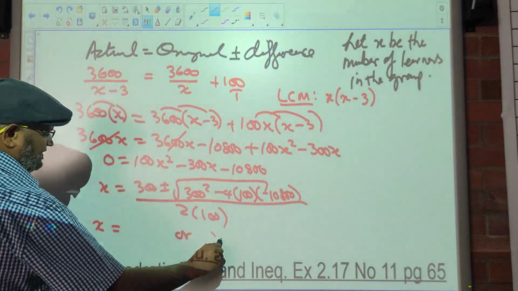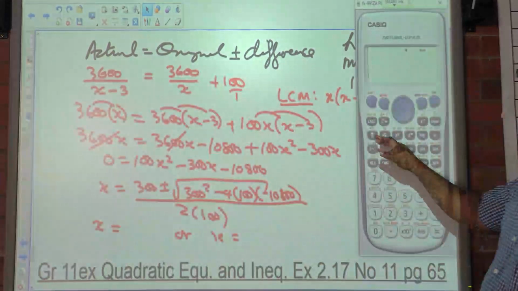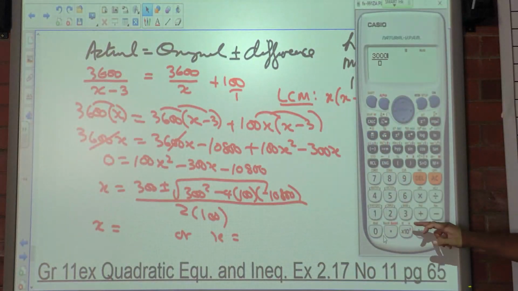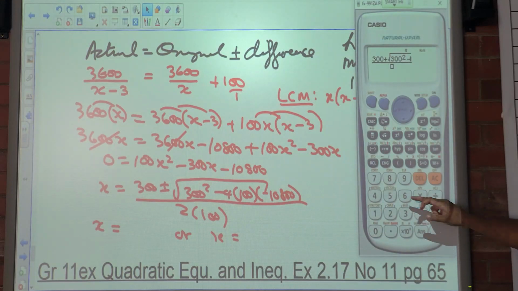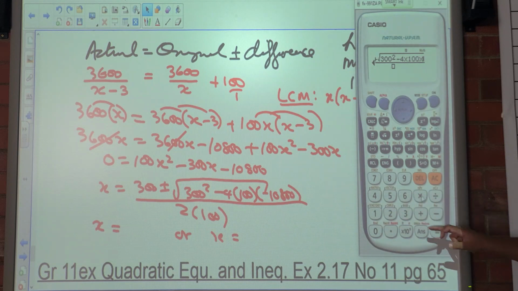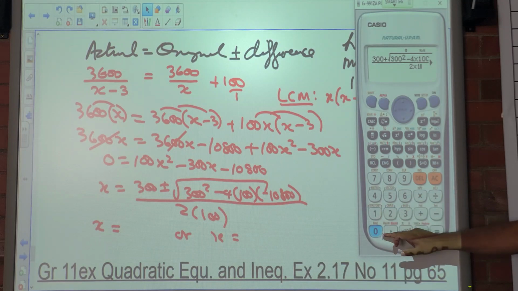So let's do the calculation. It will be 300 plus or minus the square root of 300 squared minus 4 times 100 times negative 10,800, over 2 times 100.